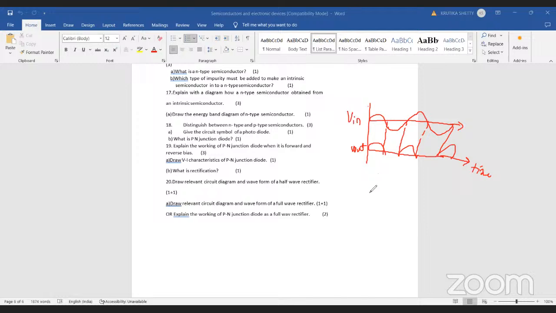In the case of the full wave rectifier, you have to show it like this. Time versus voltage output and voltage input.